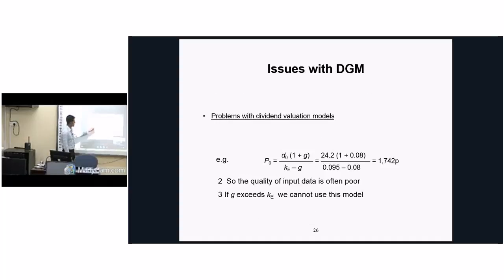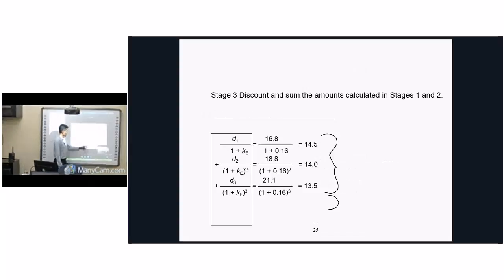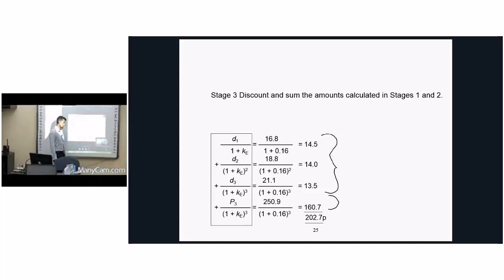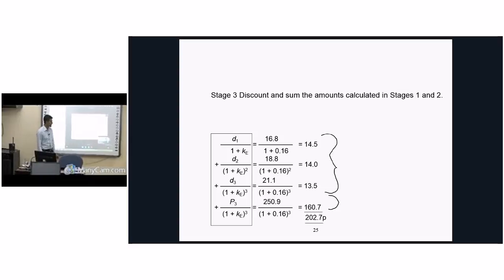So that's how you get 202.7 pence per share. This will not apply for your particular assignment, but for your questions, you need to refer to them and understand how you calculate it.